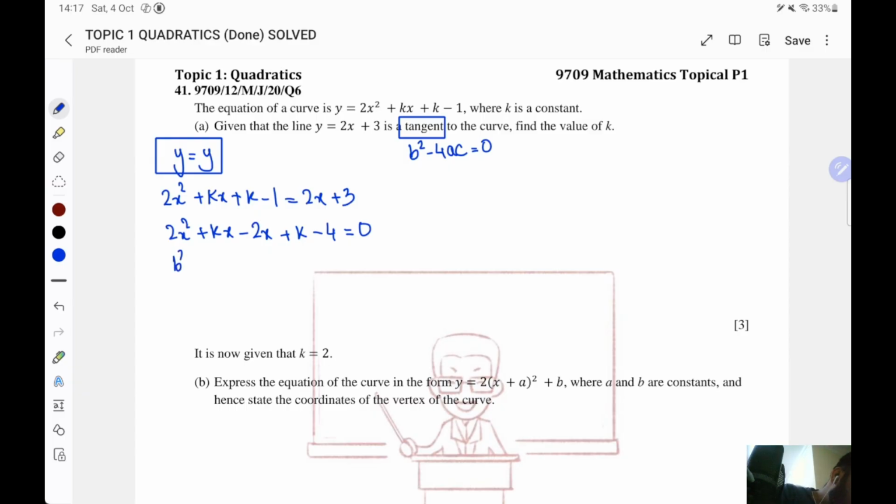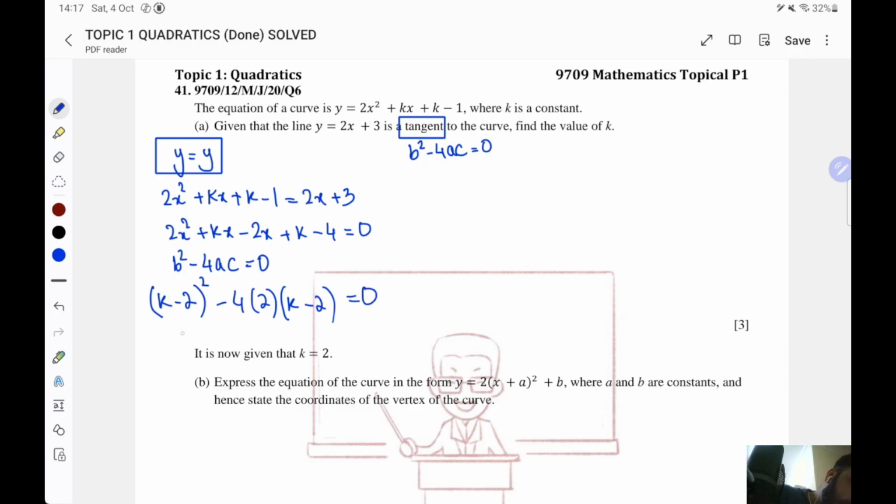Now we know that they are tangents, so it means b square minus 4ac will be equal to 0. So let's substitute the value of b, which is k minus 2 whole square, minus 4 times 2 times k minus 4, and it will be equal to 0.